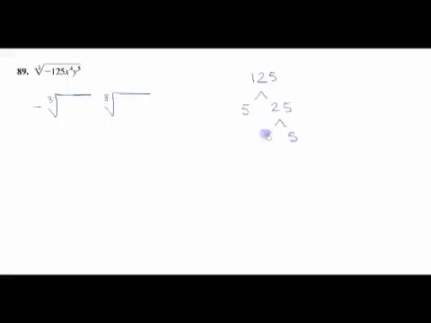I know I have 3 5s, so I'll put 3 of them in the first one. X to the fourth, I can put 3 x's there and 1 in the leftover. Y to the fifth, I can put 3 y's in the first and 2 y's in the second. That gives me a negative 5x y cube root of xy squared.